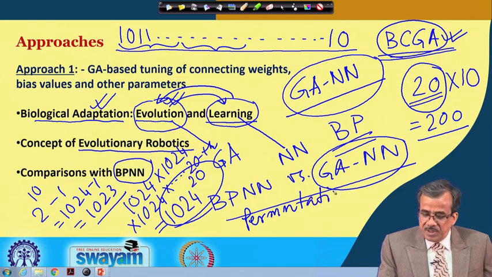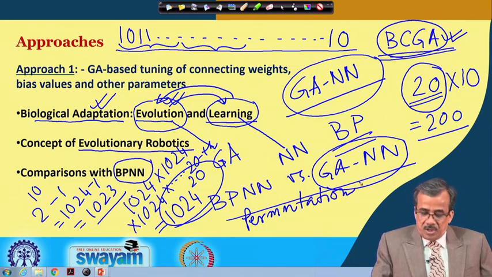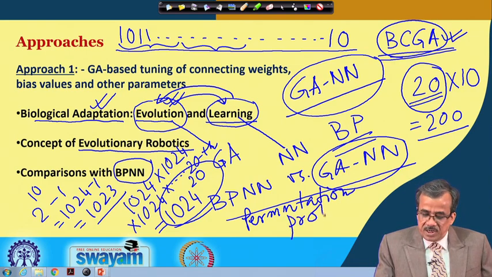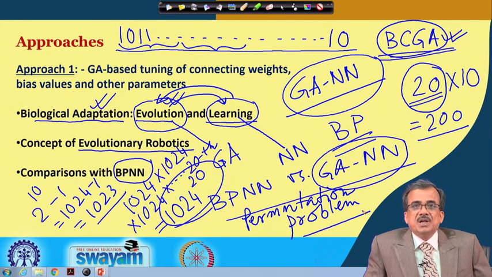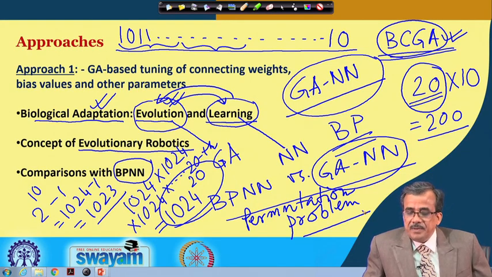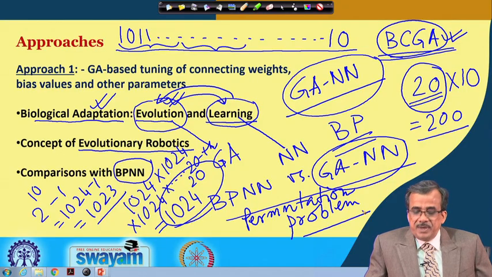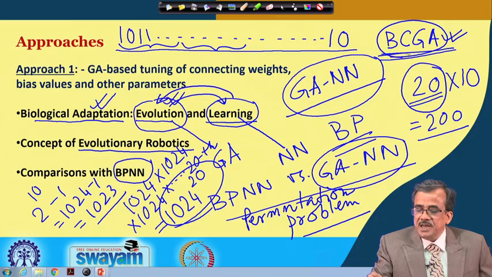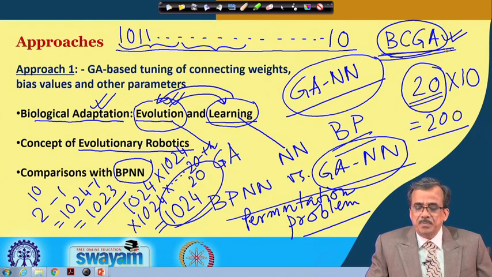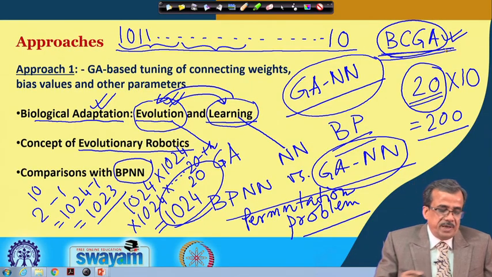If there is a large number of variables, the binary coded GA can suffer from this permutation problem. The point I want to make clear is that if I have a very large number of variables, it is better not to use the binary coded GA, and in place of it we can go for some sort of real coded GA.